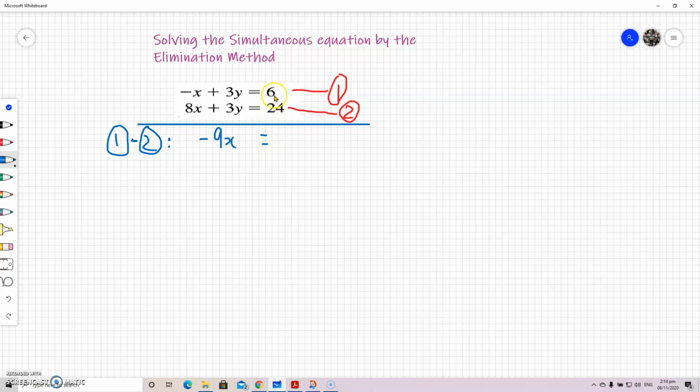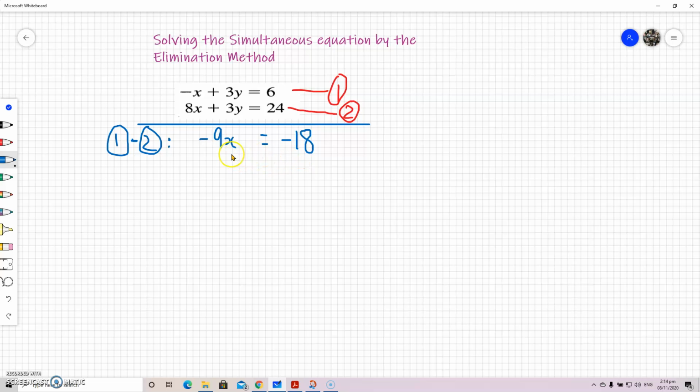Now 6 minus 24 will give me minus 18. So minus 9x is equal to minus 18.